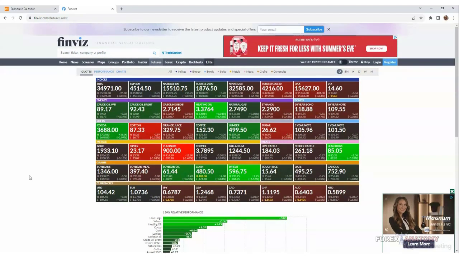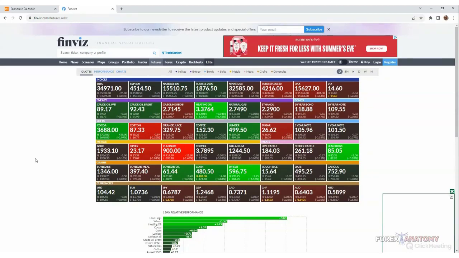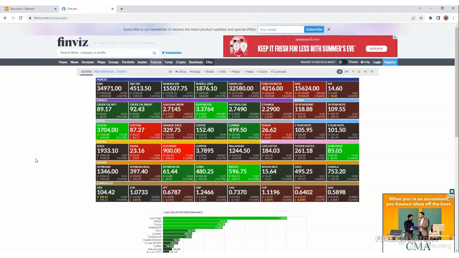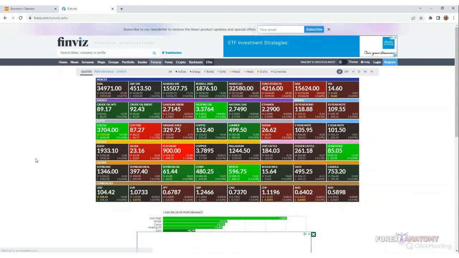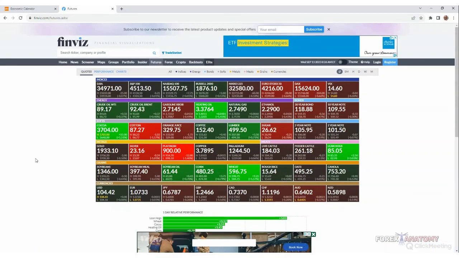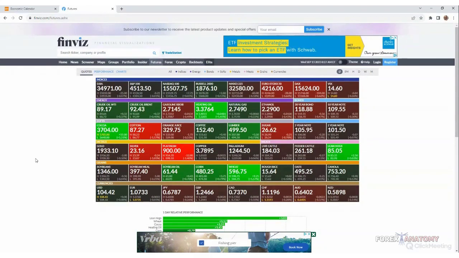And that's because of what we see happening with oil prices. As oil prices continue to increase, that's going to put pressure on stock markets, simply because rising oil prices are inflationary, and it can indicate that central banks around the world may have to hike interest rates more to quell inflation, or cool down the surging prices of goods and services.